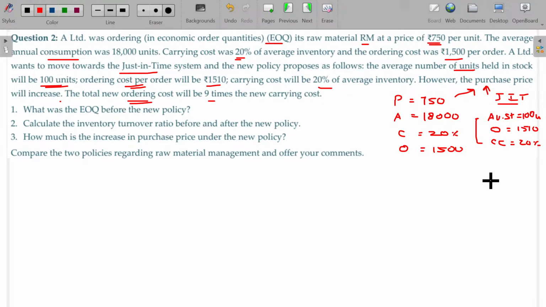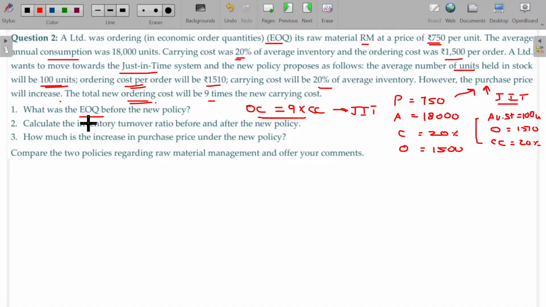So the ordering cost in the just-in-time approach will be equal to 9 times the carrying cost under the JIT model.